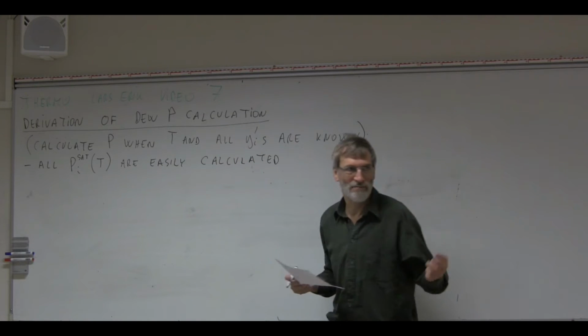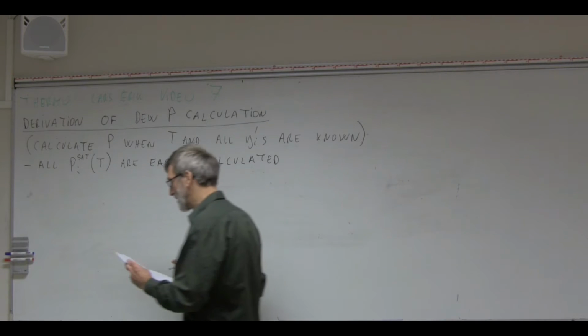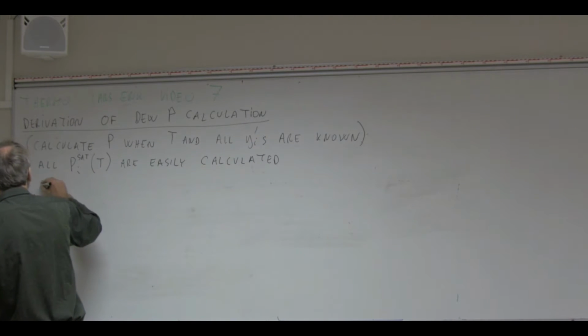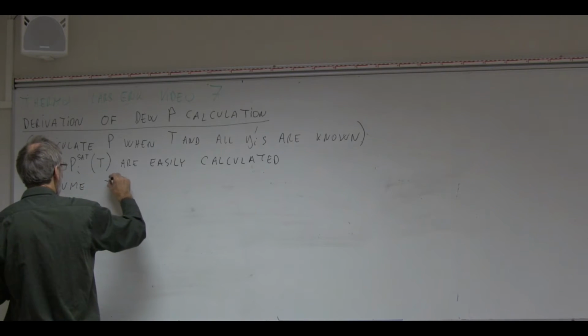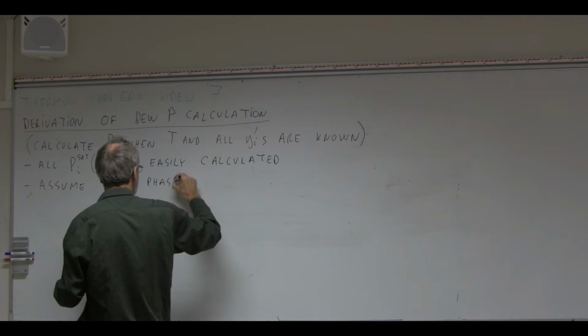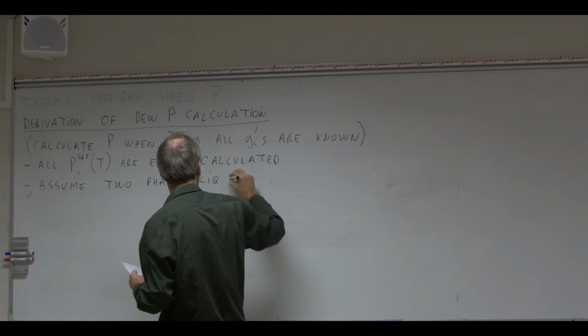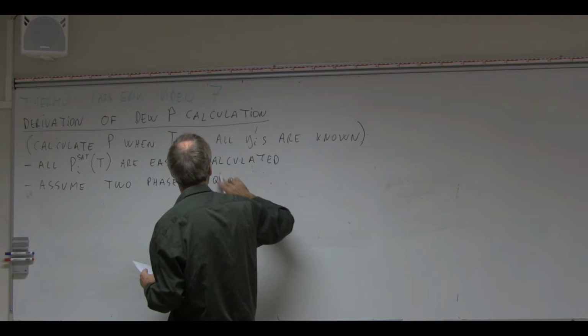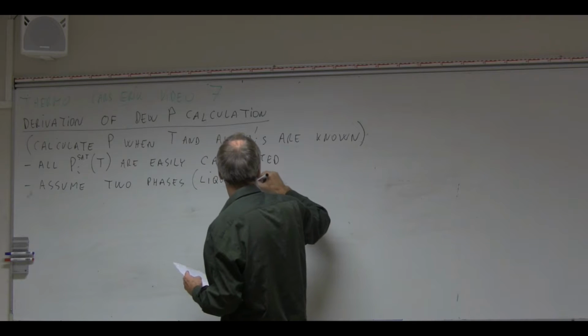We assume that we have an Antoine equation or shortcut equation or something like that, and we assume two phases, that is liquid and vapor.